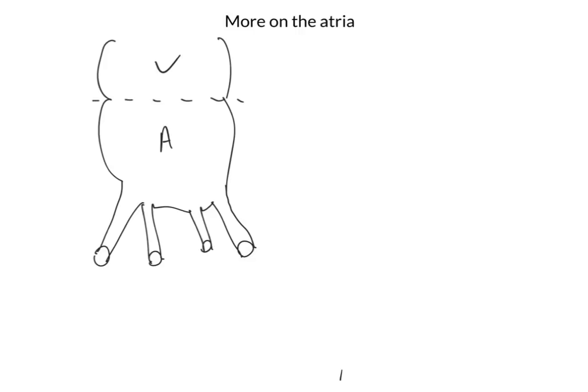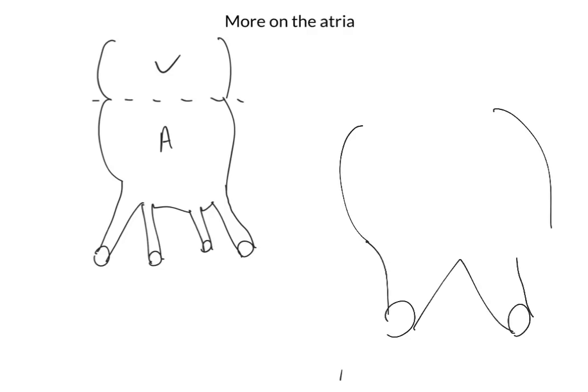So let's draw that in a little bit more detail. If I do just a bit of a higher magnification view of this region, and this could be either atrium, but we're going to focus on the right atrium, and you'll see why that is shortly. Just very simply, very diagrammatically and cartoonishly, here is the primitive atrium, and here are just two of the veins of the sinus venosus.